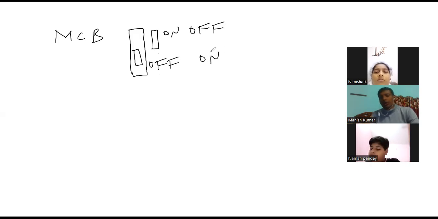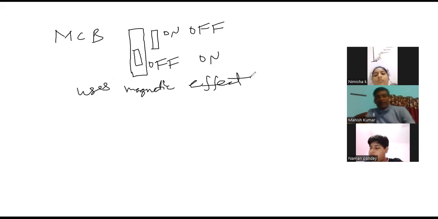Now we are using such MCBs today that also fulfil the criteria required for a fuse. That means there is no requirement of a fuse if we are using a definite kind of MCB. Whenever a large current flows at any instant of time, this circuit will cut off automatically.